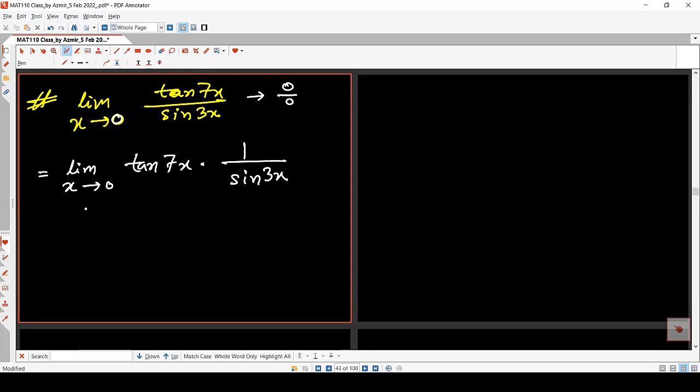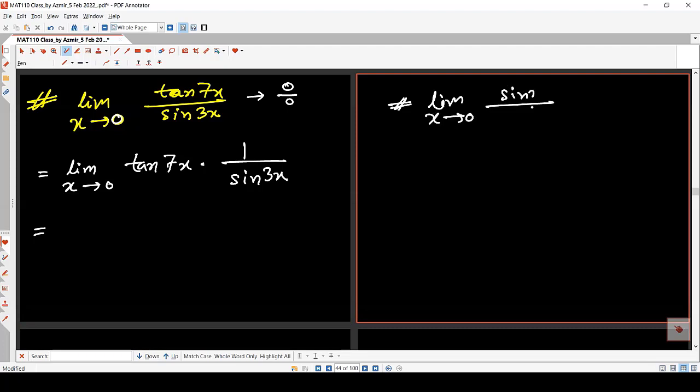Okay, so what we can do here, we know that we have the formulas limit x tends to 0, sine x divided by x equals 1, and limit x tends to 0, x divided by sine x, that is also 1.